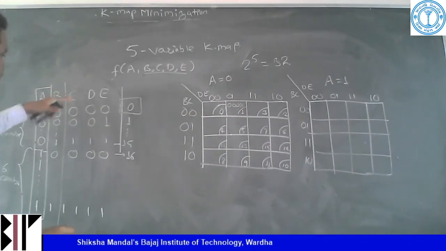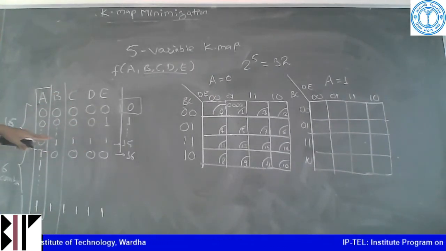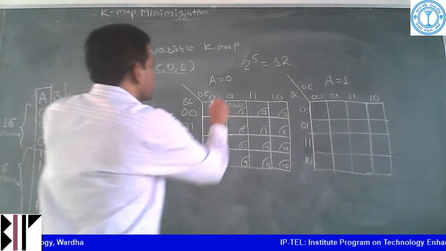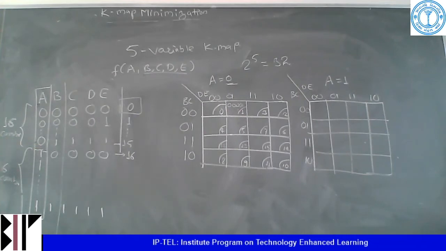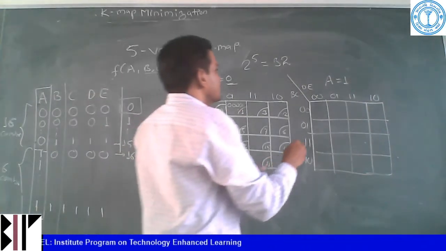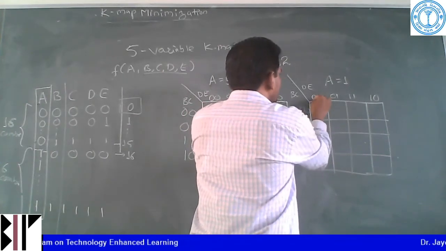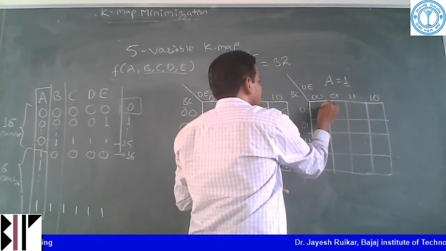These are your first. A equals 0, for all combinations. For the next combination, you have A equals 1, and then again you have 16 combinations. So A equals 1, then 4 times 0.